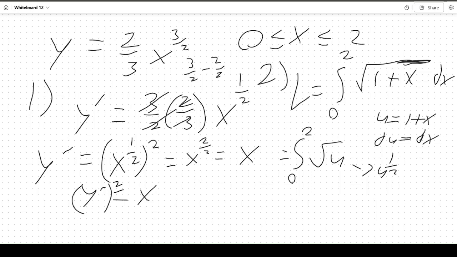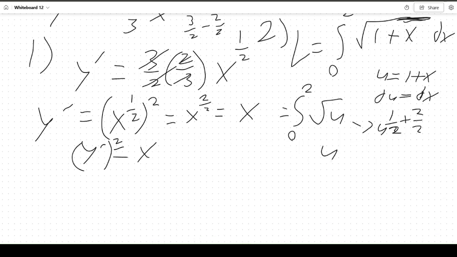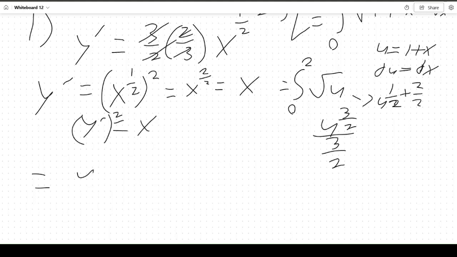Now we have to integrate it, so we add 1 to the exponent, so this would be 2 over 2, because we need to find the same denominator. So u would be to the 3 over 2, over 3 over 2, multiplied by the reciprocal, so this would be times 2 over 3, and we would have 2 over 3 u to the power of 3 over 2 as the final integral.